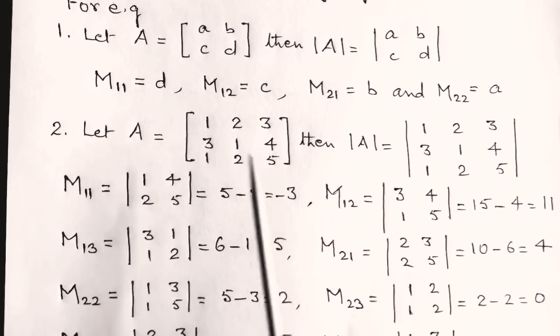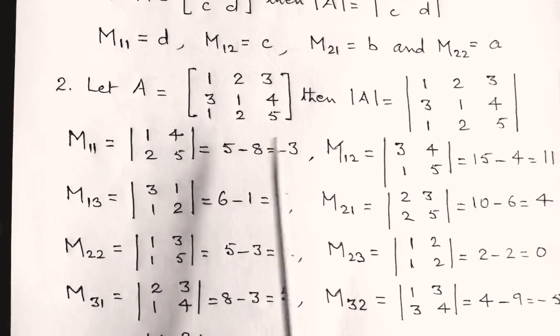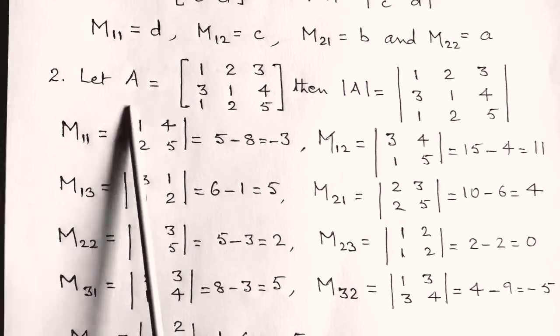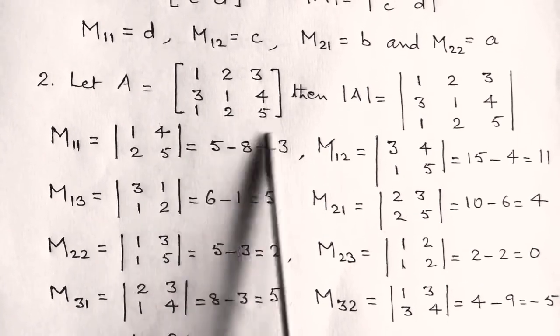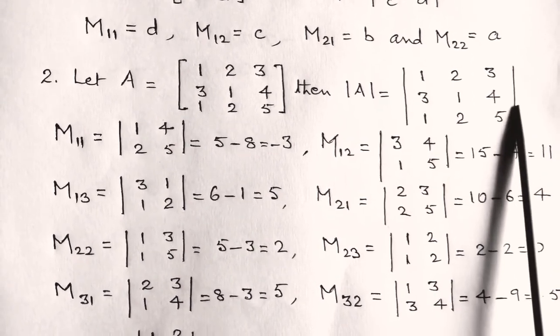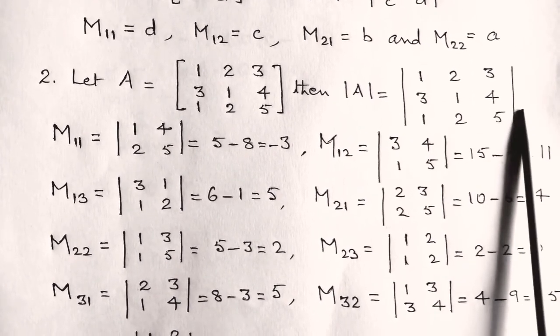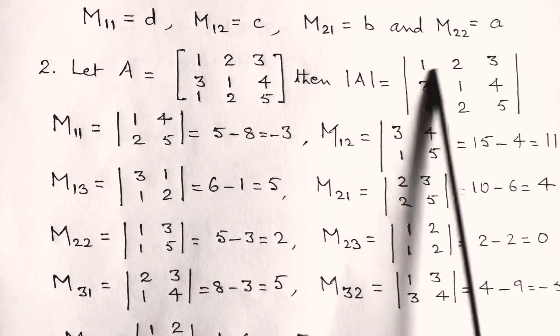Right? Now I am finding minors of the determinant of a matrix of order 3. Suppose A is a matrix having elements 1, 2, 3, 3, 1, 4, 1, 2, 5. Then what will be the determinant of A? I write these element numbers here. Now, please listen carefully. M11 means minor of the element of first row and first column.